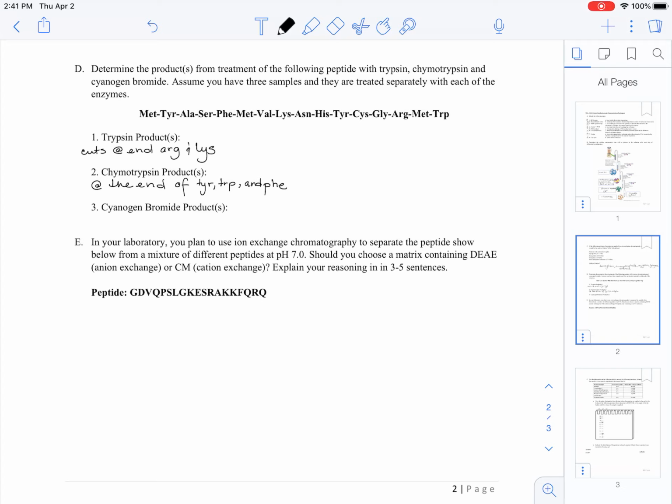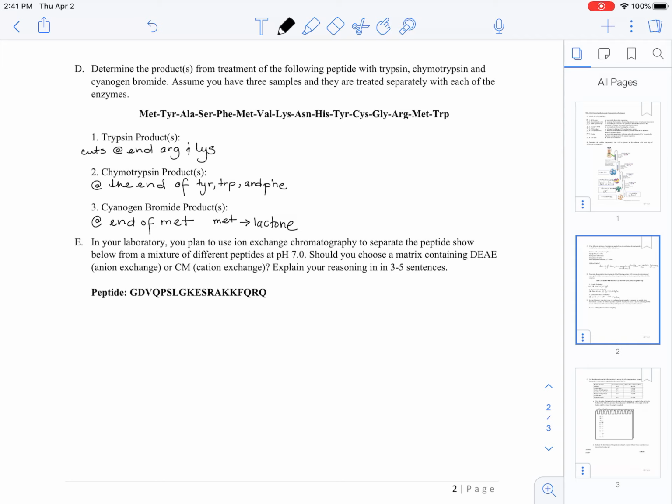And lastly, when we have cyanogen bromide, understand that this is going to be cutting at the end of methionine, and this has a specific feature because methionine during this hydrolysis is going to turn into a brand new compound that is called a lactone.